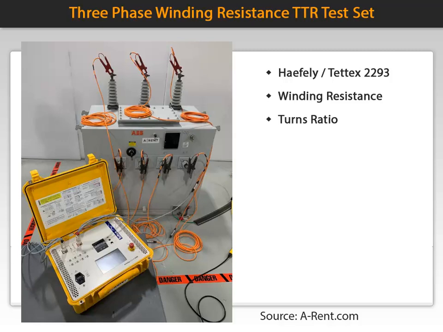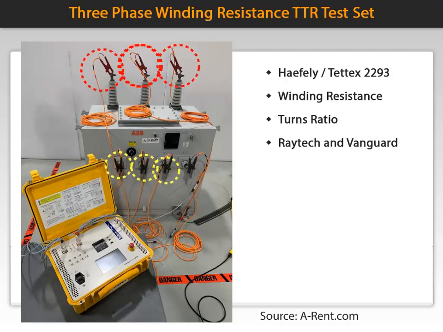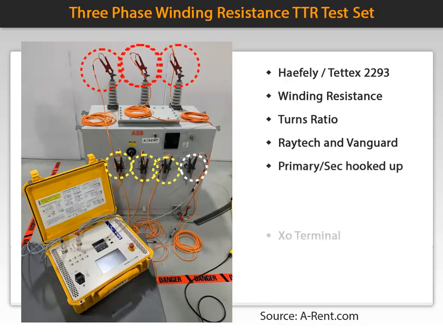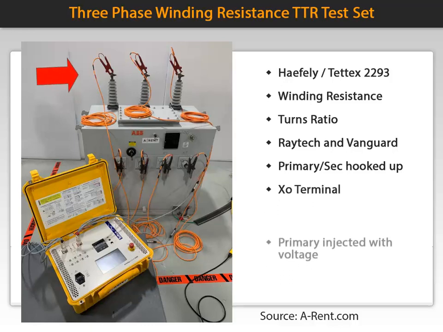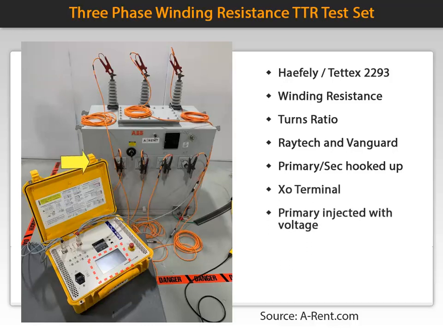Other sets are made by Raytech and Vanguard. When used to test the turns ratio of the transformer, the primary and secondary are hooked up, including the X0 terminal. The primary is then injected with voltage, and the secondary is measured to determine the ratio coming out.